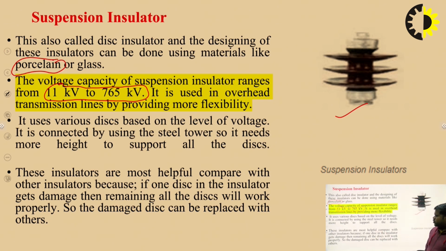These insulators are most helpful compared with the other insulators, because if one disc in the insulator gets damaged, the remaining discs will work properly. This is the feature. The damaged disc can be replaced with another. So this is very important and easily used for industrial and commercial applications as well. One point to remember is that the voltage rating is 11 to 765 kV.